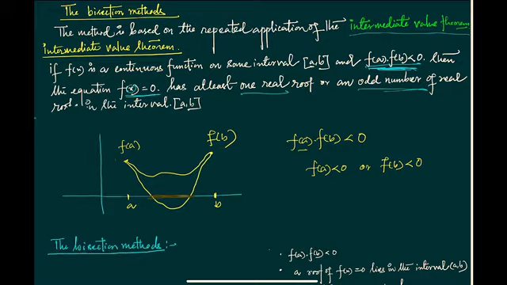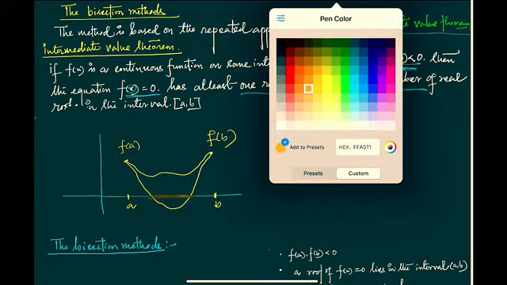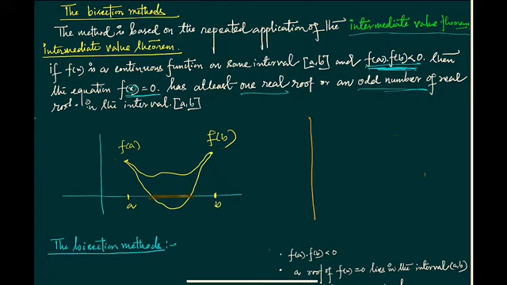So what we will do is this. This is my graph, this is a and this is b. Either f of a is on one side and f of b must be on the other side of the x-axis. This must be f of b.